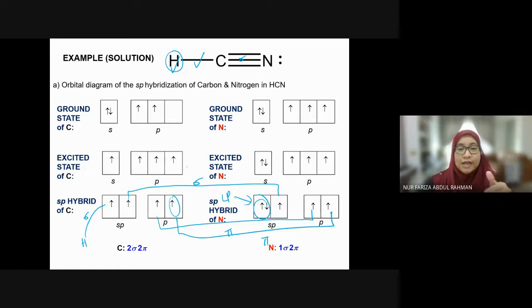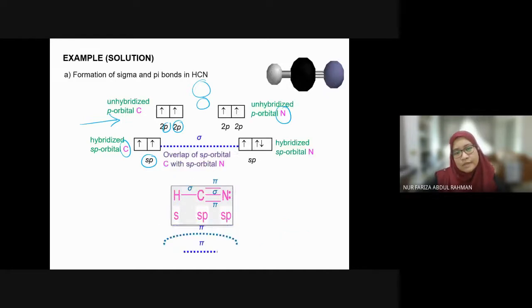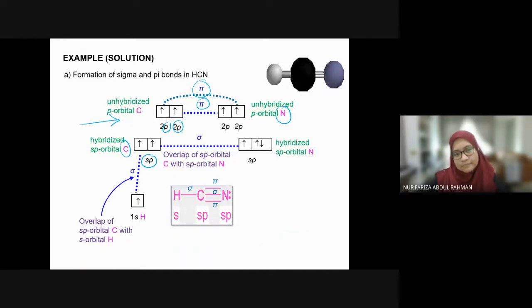The orbital diagram yang kita memang dah pakai for all the hybridization, we have been using this type of orbital diagram. So let's just stick with this one. Apa yang you kena buat adalah draw macam ni lah: hydrogen, then connect these two between carbon and nitrogen, and then the pi bonds. Dah siap. It's the same, guys. Benda yang sama.